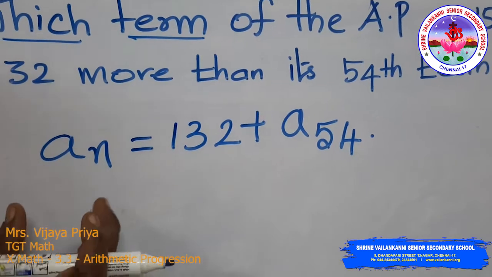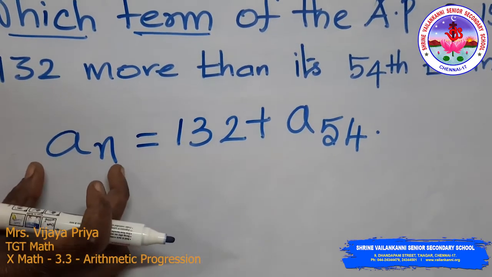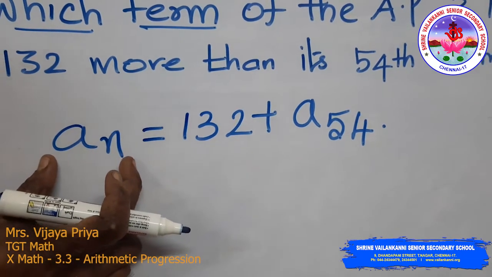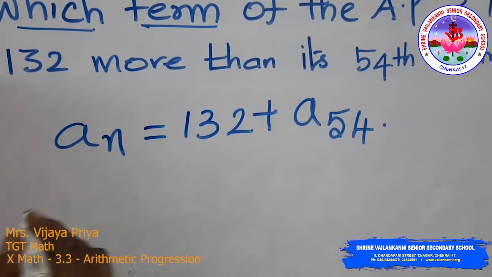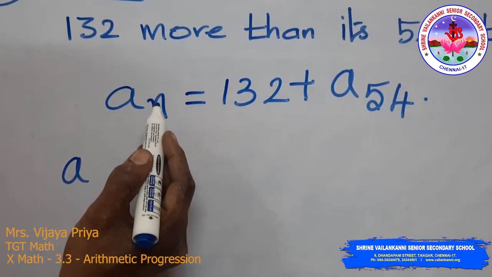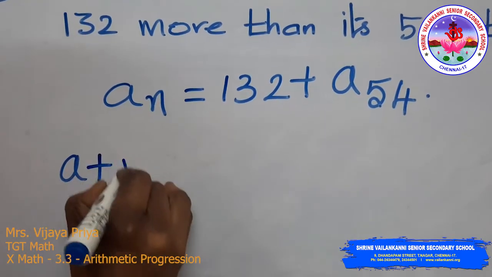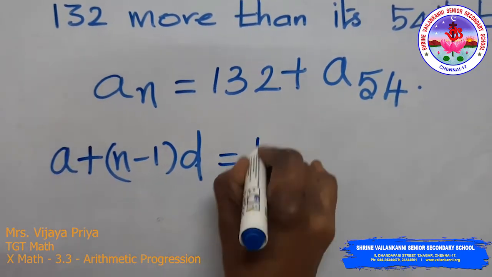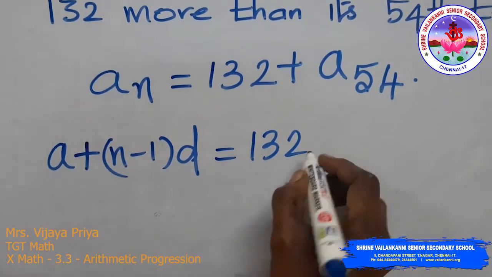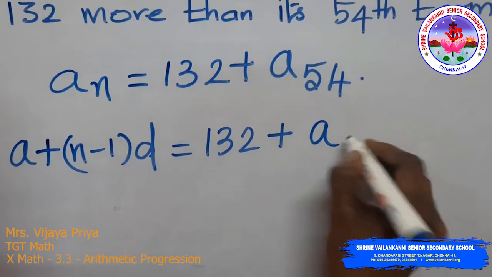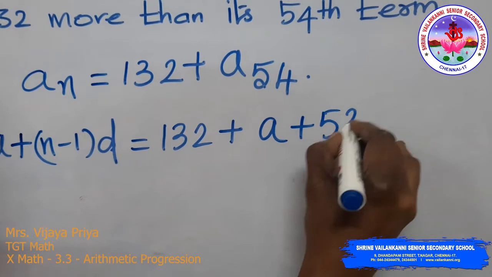Now, coming to the problem, I am going to expand an using the nth term formula, a plus n minus 1 into d, which is equal to 132 plus the 54th term. So I will get a plus 53d.